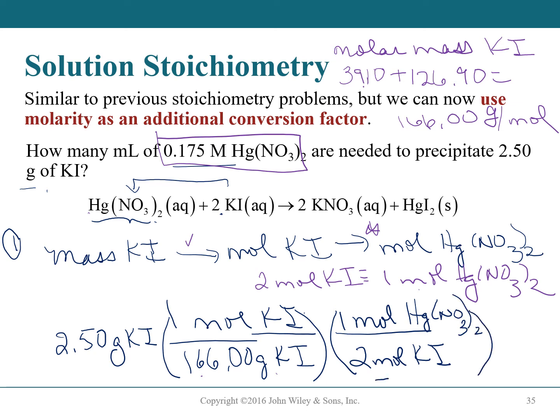So what we get in terms of the moles of mercury 2 nitrate is 2.5 divided by 166 divided by 2. I get something like 0.0075301 moles. Okay, and this is 3 significant figures, so 1, 2, 3 significant figures. Okay, so we finished step 1. We obtained our moles of mercury 2 nitrate.